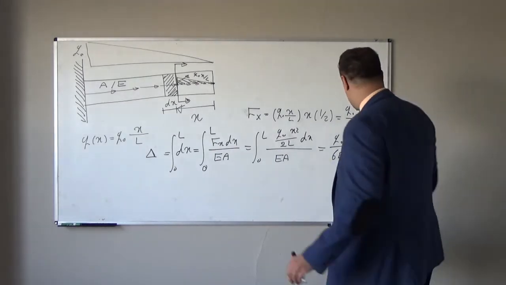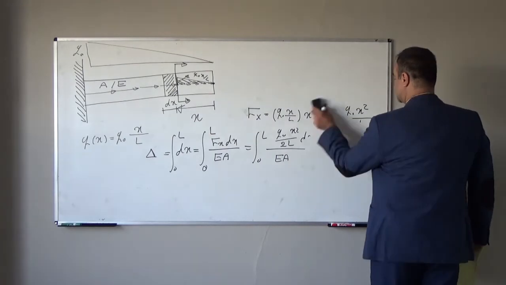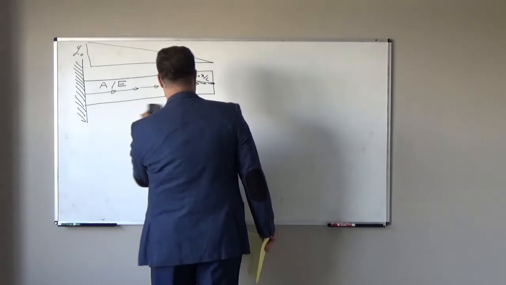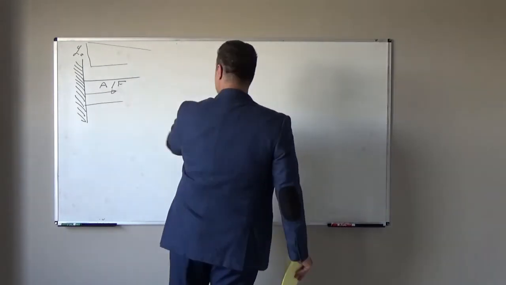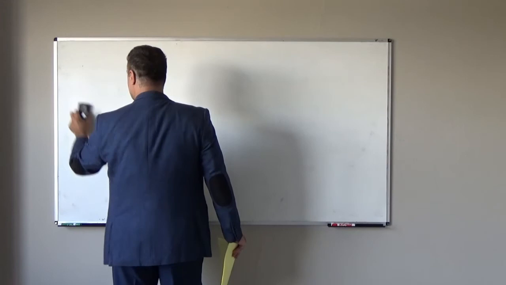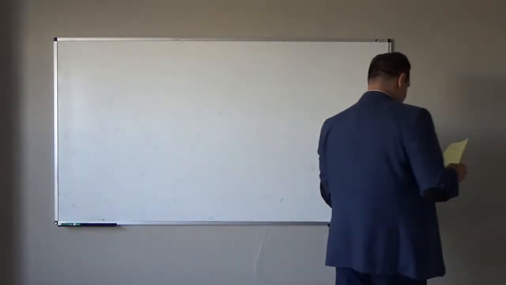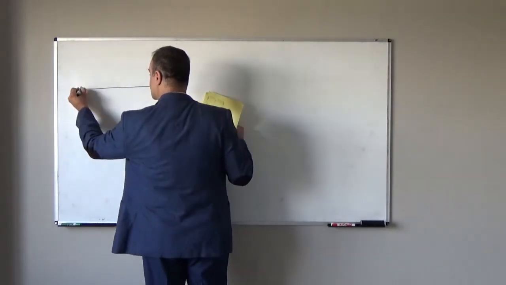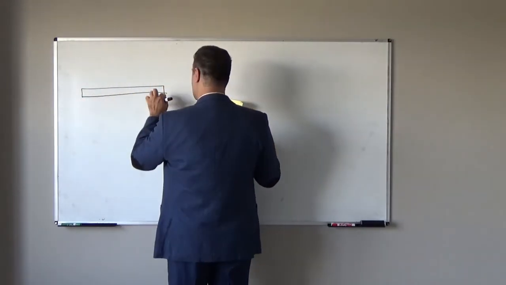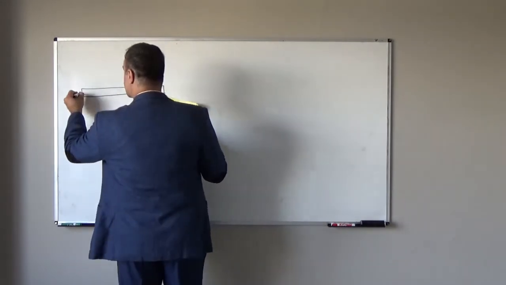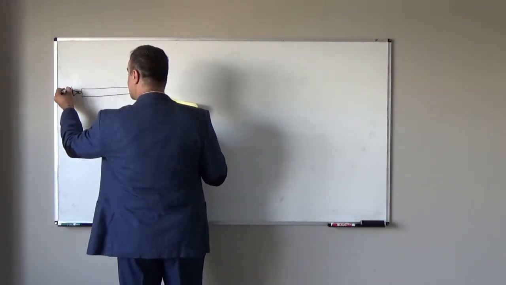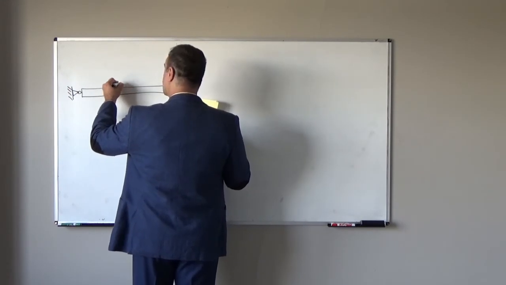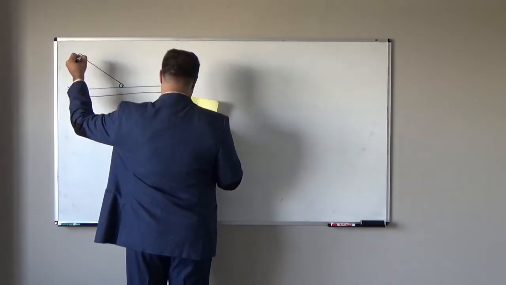Let's look at another problem. Assume we have rigid beam. This rigid beam here, we attach to the wall, and at midpoint there is one inclined rod.